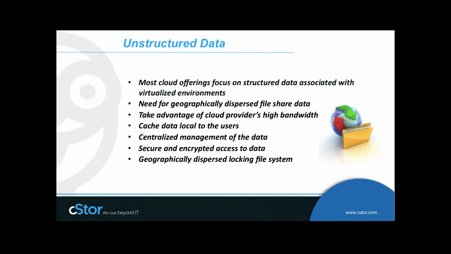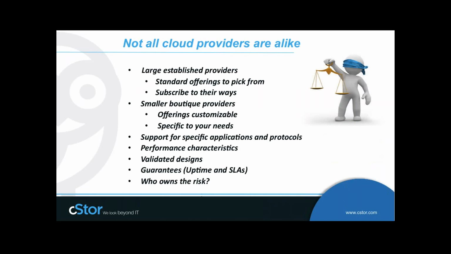A lot of these unstructured data cloud providers will include a locking system so that you don't have the contention of having multiple people accessing the same section of a file. So some pretty cool stuff, developments a couple of years ago in that environment that we've seen some very good success with some of our customers.